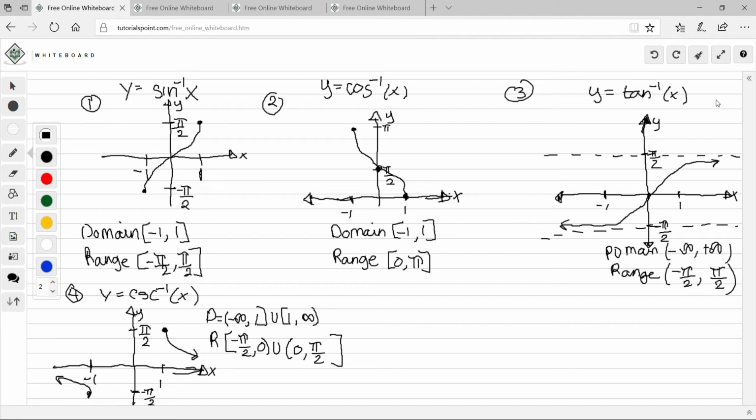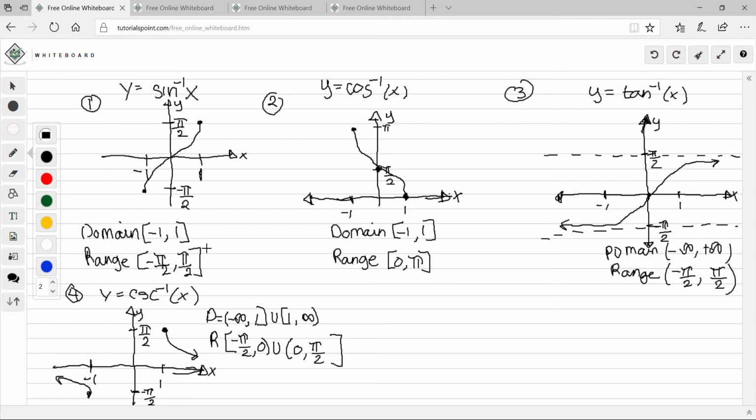Okay, so our sine inverse right here has a domain of -1 and +1, and the range is from -π/2 to π/2.